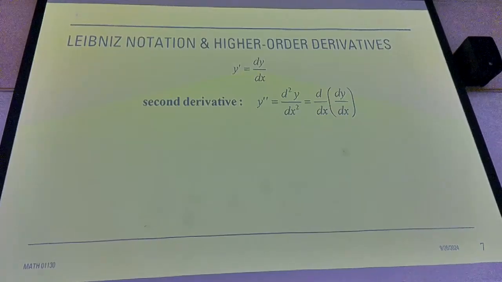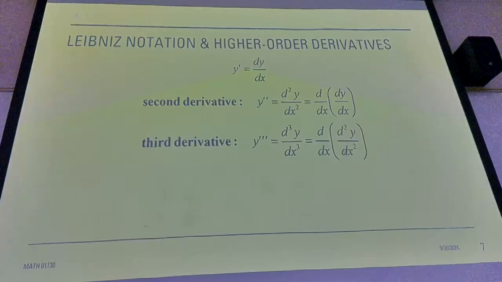Okay, physics guy, what's the rate of change of acceleration? Jerk. It's the jerk. That's called a third derivative. What's the rate of change of jerk?